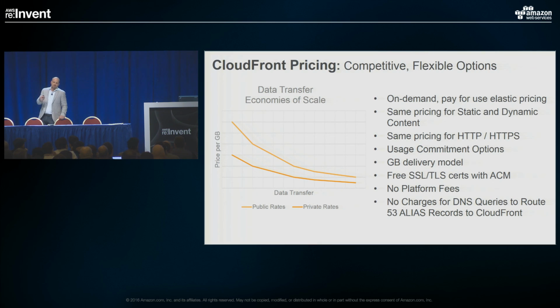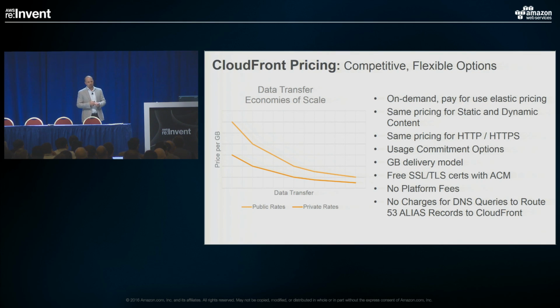What does it look like then as you grow your application and you continue using CloudFront over time? The more data that you pass out of CloudFront, the less it costs on a per gigabyte basis. All of our pricing for this is published online for our on-demand pricing, but we also have what we call usage commitment options or reserved capacity pricing.